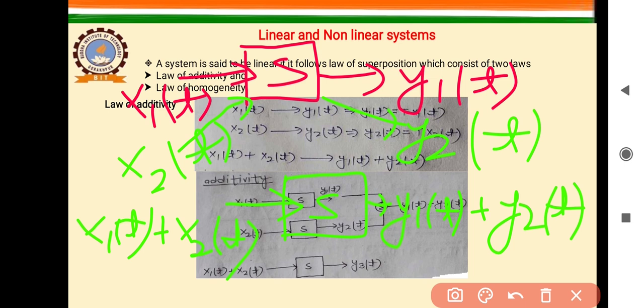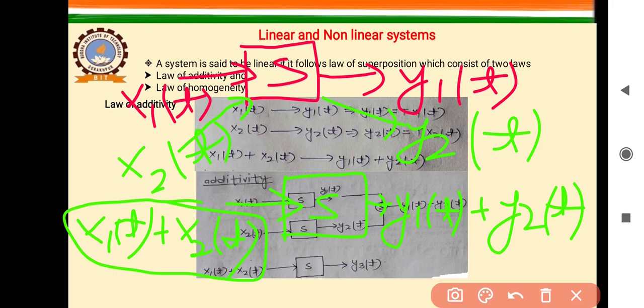I will repeat again. There is a system S which produces output y1(t) when x1(t) is given as input, and if I give x2(t) to the system S, it produces output y2(t). If I give the summation of these two inputs, x1(t) plus x2(t), as input to the system, then it produces y1(t) plus y2(t).